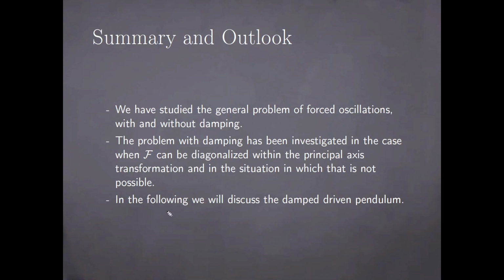And lastly, in the final section of this chapter, we are going to discuss the damped driven pendulum as an example of a problem going beyond small oscillations. But it's going to be a very short discussion. I just want to underline some of the main aspects of the problem, and it's not going to be a very detailed treatment at this point in time.